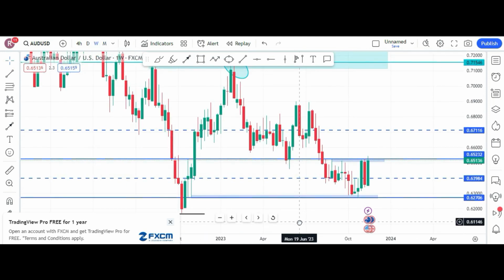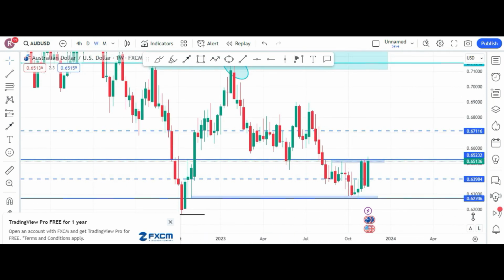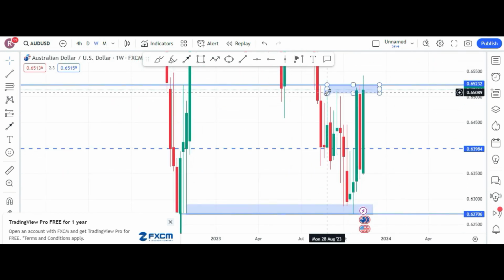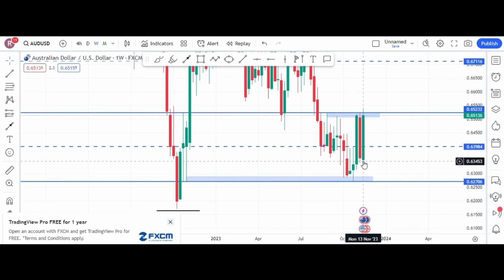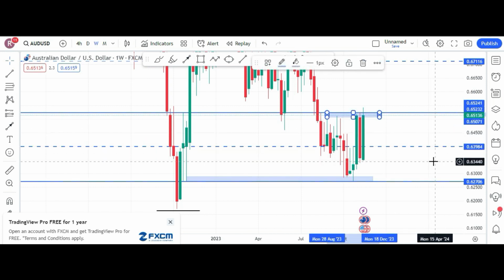Now in weekly we can see, previously we declared this area as a double bottom, double top, but currently as the week has finished, we can say that it is a weekly double bottom. So let us mark on this.